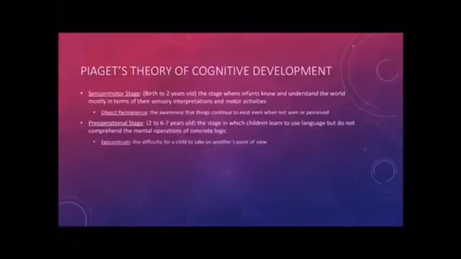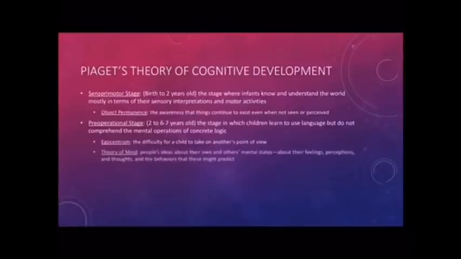And during the pre-operational stage, we see this egocentrism. And so that is the difficulty for a child to take on another's point of view. They are egocentric. They are centered on their own ego, on their own self, their own understanding, and they cannot take other people's points of view.